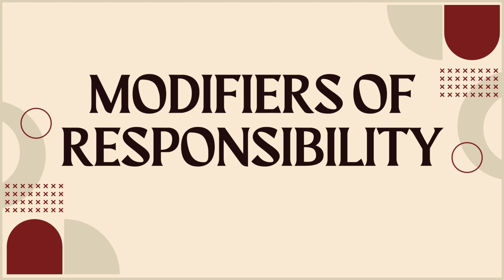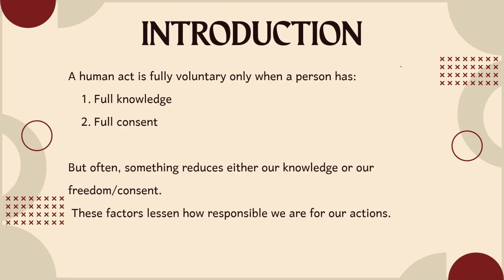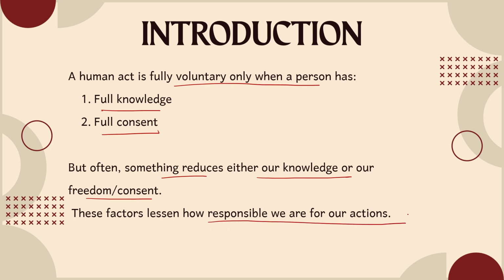First and foremost, we need to understand that a human act is fully voluntary only when a person has full knowledge and full consent. But we often see that something reduces either our knowledge or our freedom or consent. These reducing factors lessen how responsible we are for our actions.